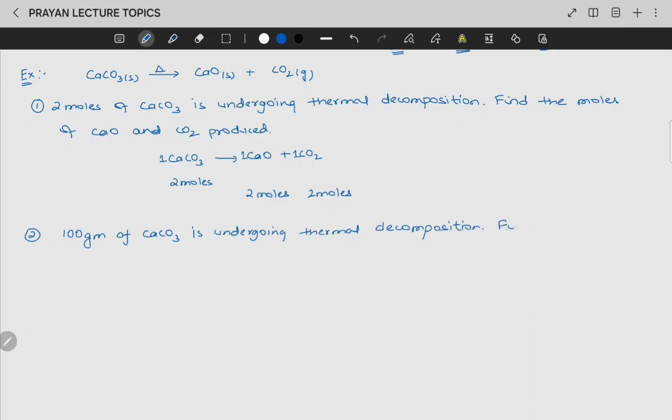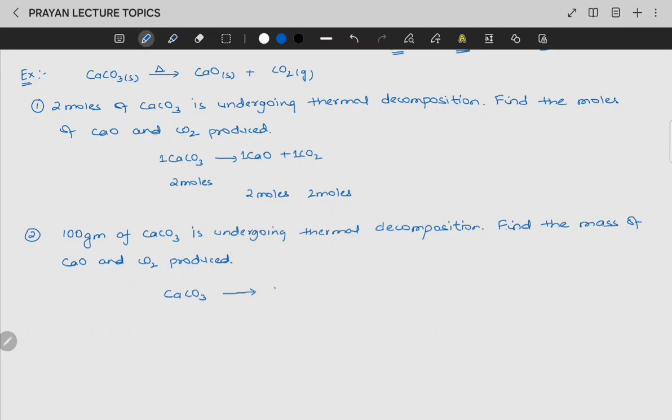Find the mass of calcium oxide and CO2 produced. Now in this case we have to find the mass. In the previous case moles were given and we had to find moles of the products. In this case mass is given and we have to find the mass of products.